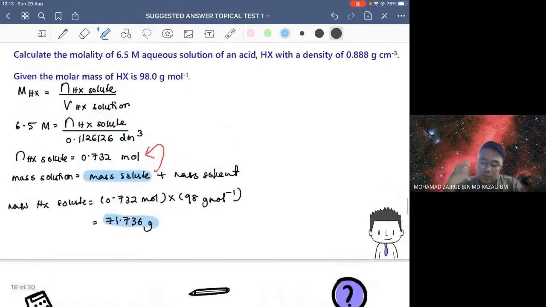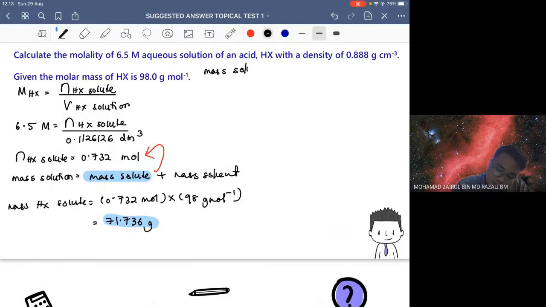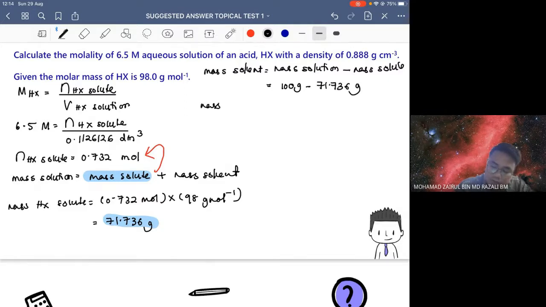So mass solvent equal to mass solution minus mass solute. Mass solution yang kita assume awal tadi 100 gram. Mass solute is 71.736 gram. So kalau awak calculate, awak akan dapat the mass of solvent is 28.264 gram.